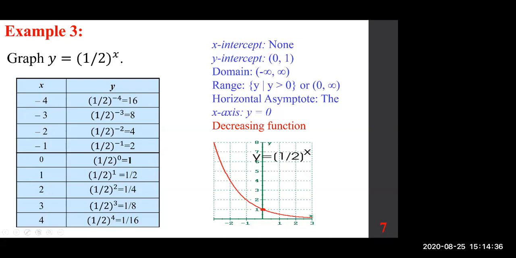Let me see if I can pick a different color now. So if y or f of x equals a to the power of x, where a is between 0 and 1, the shape is what you see. The only difference is as a, the base, gets smaller, it gets closer to the y-axis. Just for the sake of argument, if I were to look at this graph, and let me use a different color now, because of the screen.